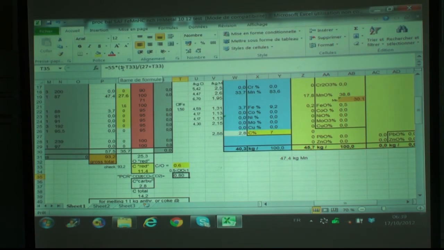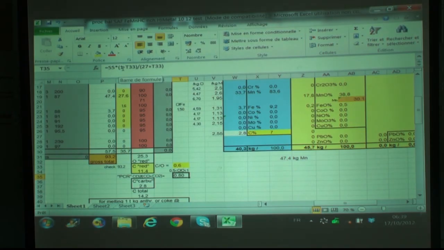This is the coke. This is the ore. And this is coke floating over the slag, because you understand why coke will not penetrate into the slag.